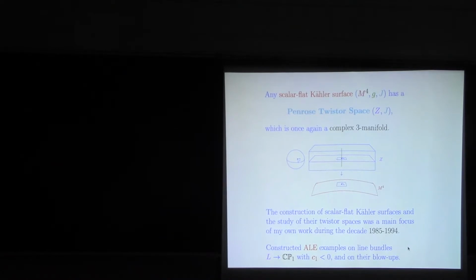So the projection to P1 is still holomorphic? There is no projection to CP1. No projection. So here the picture is different. You have the complex surface that you're working on, it sits in the twistor space, as does its conjugate, where you have changed the sign of the almost complex structure.